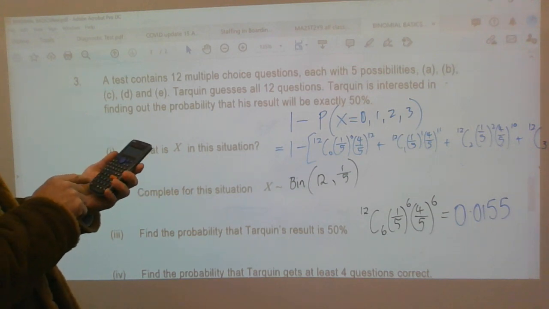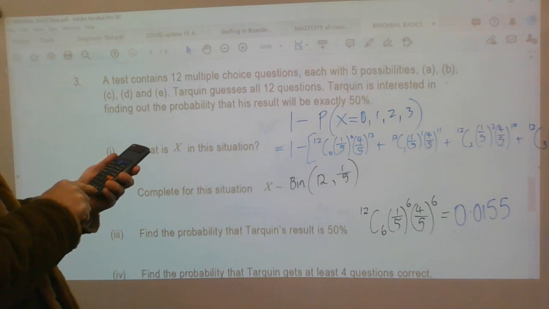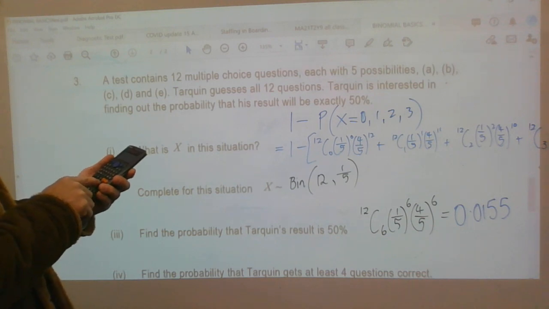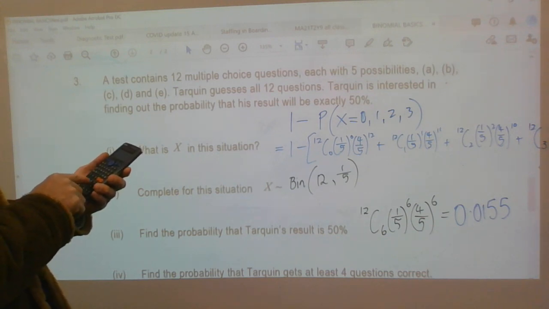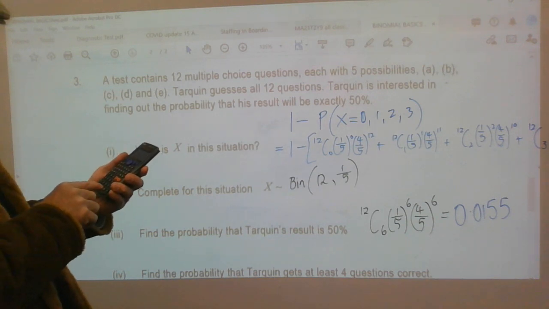1 minus 12 times 0.2, just typing it in the calculator.